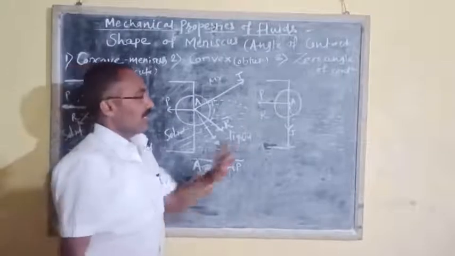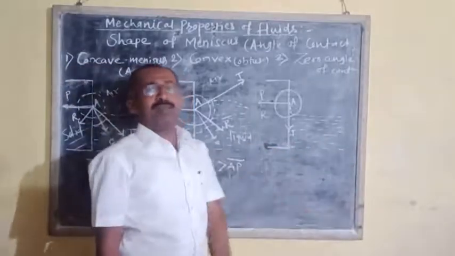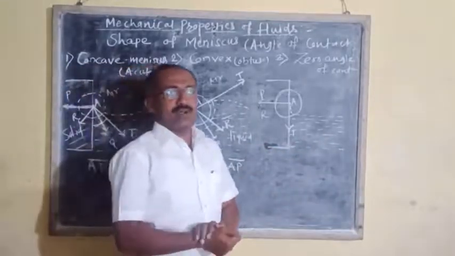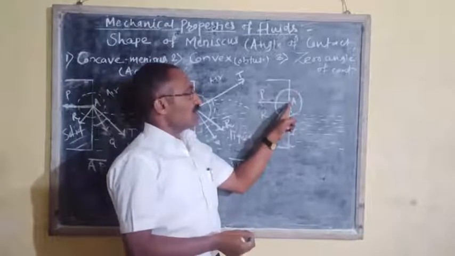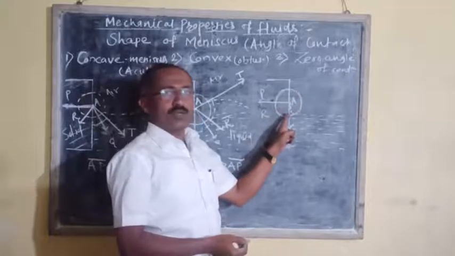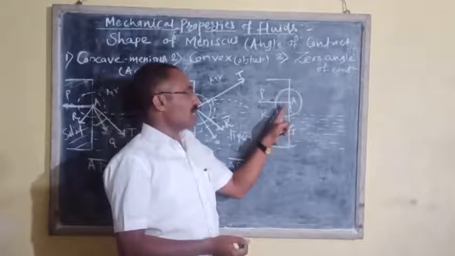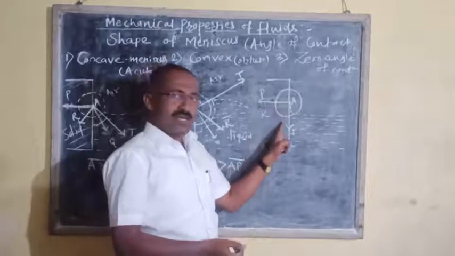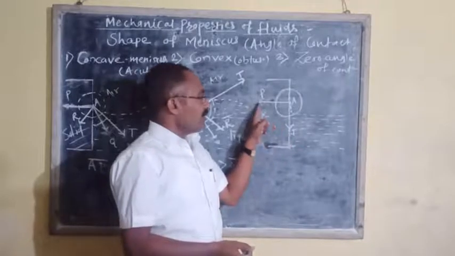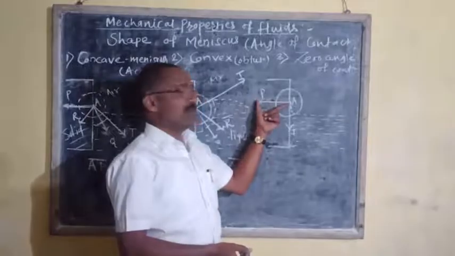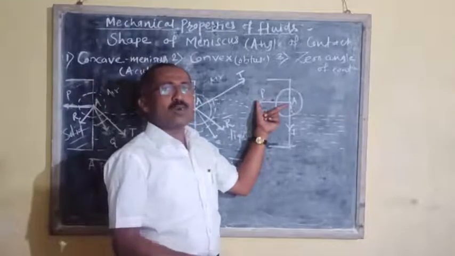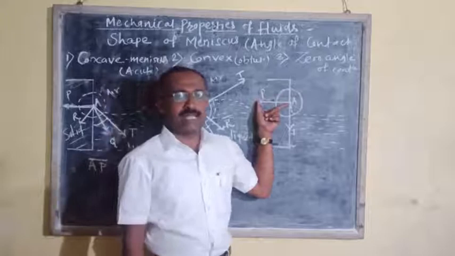In case of a liquid which completely wets the solid, that is pure water, here also the sphere of influence of the molecule of liquid in contact with solid will be drawn, but here the adhesive force AP bar is so large that the cohesive force AQ bar will be neglected.